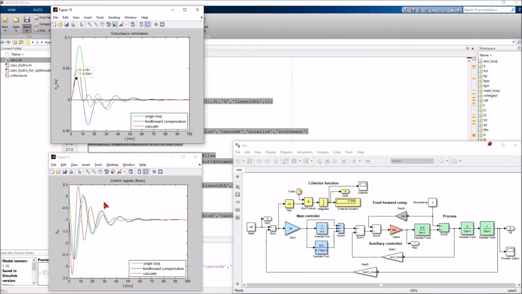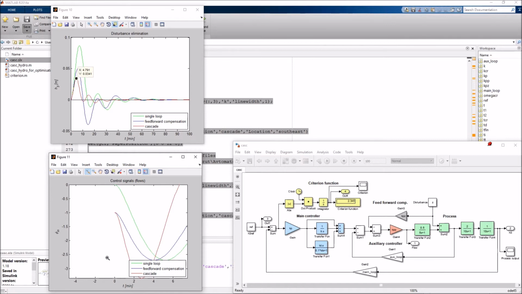And this graph shows the control variable. Again, green for single control, blue for feed-forward compensation, and red for cascade control. What we can notice if we zoom this initial part of the response, we can notice that the single loop control starts with control signal 0, but the feed-forward compensation and cascade control start with the value of the control variable -1.